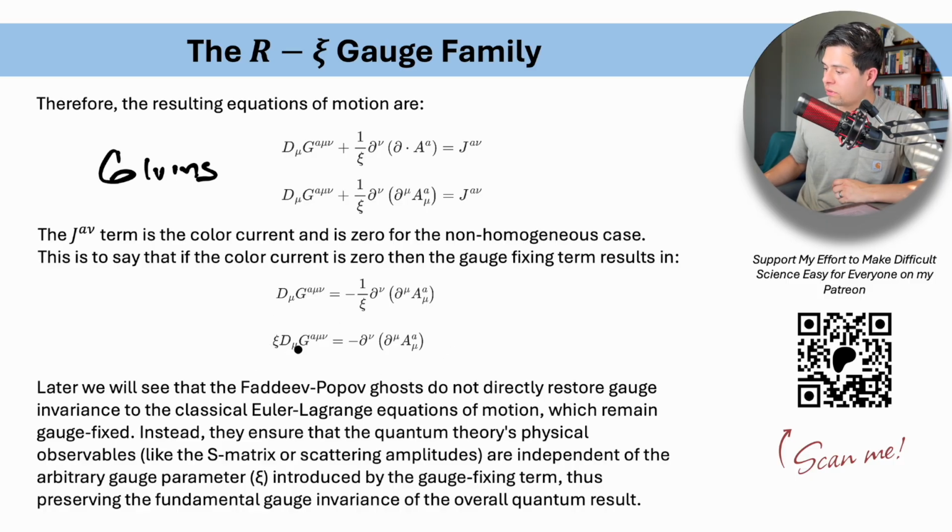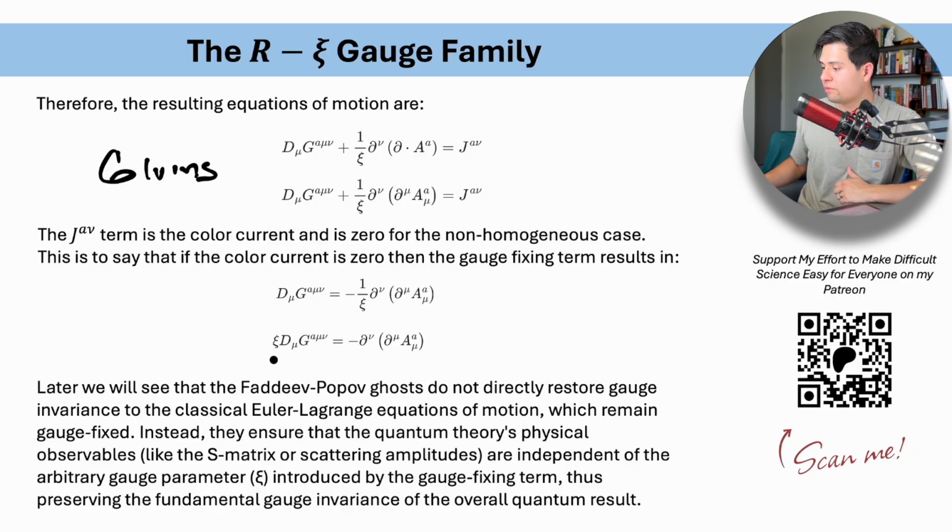So the derivative in our, this is our field strength tensor, and this here is the result that we get from fixing the gauge. So our field strength tensor, when taking a derivative and scaled, is directly related to how we gauge fix our fields.